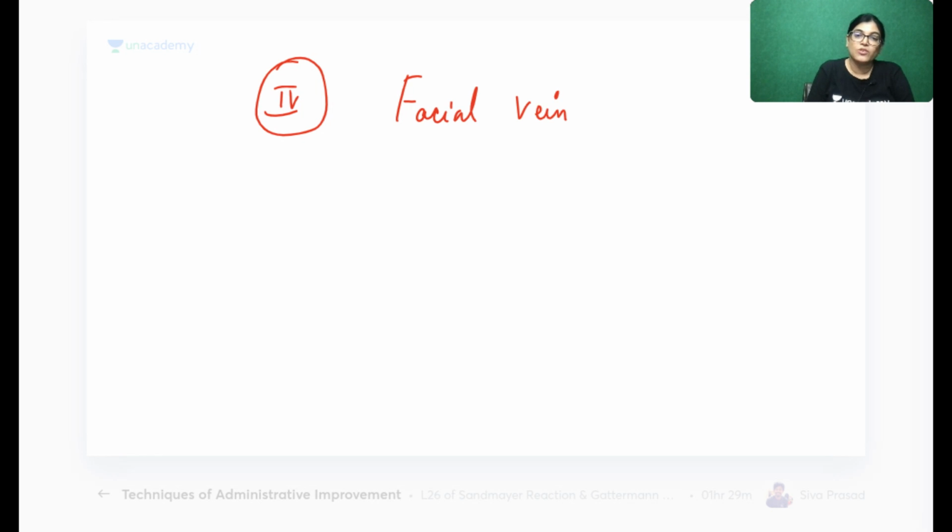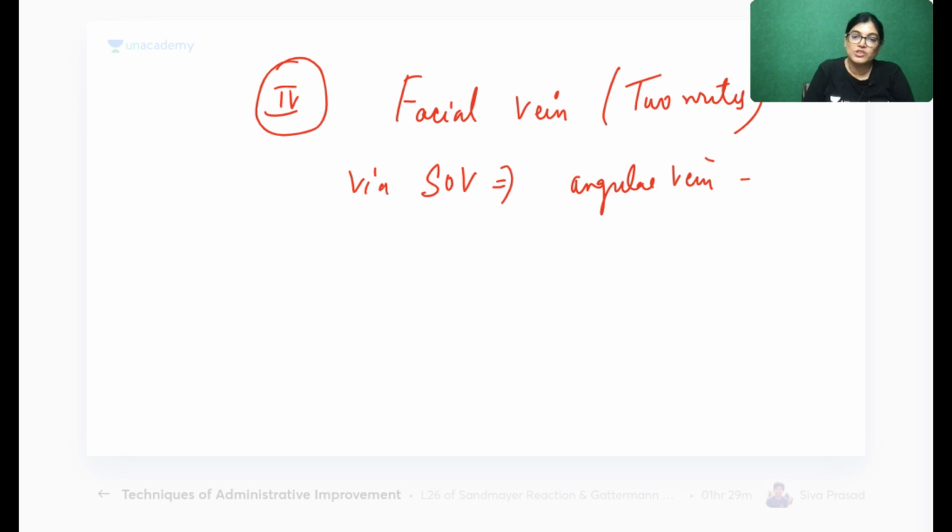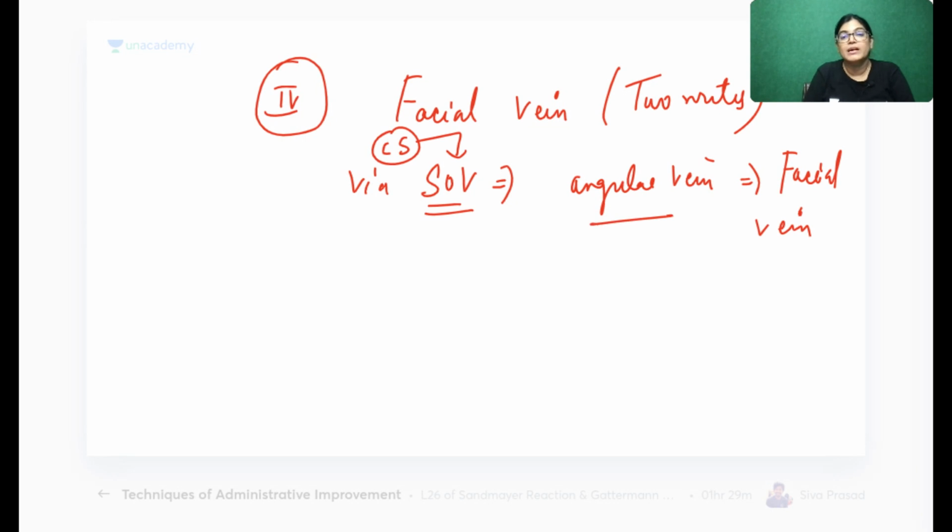Other than that, it also forms communication with the facial vein. Actually, the facial vein communication is done by two routes. One is via superior ophthalmic vein, via angular vein, via facial vein. We know the direct tributary of cavernous sinus is the superior ophthalmic vein, which communicates with angular vein and then facial vein.